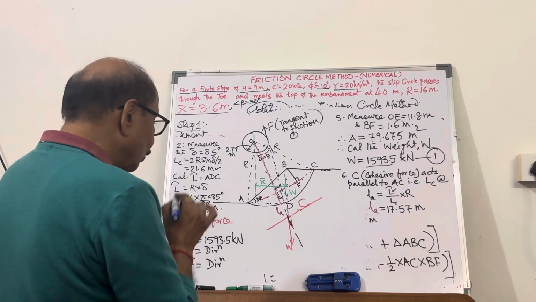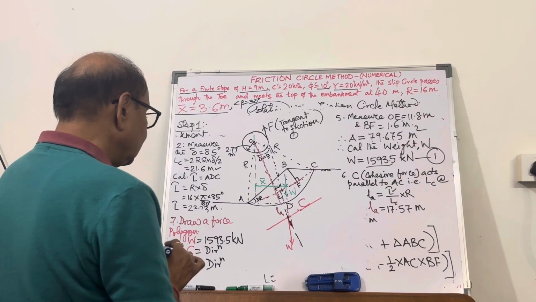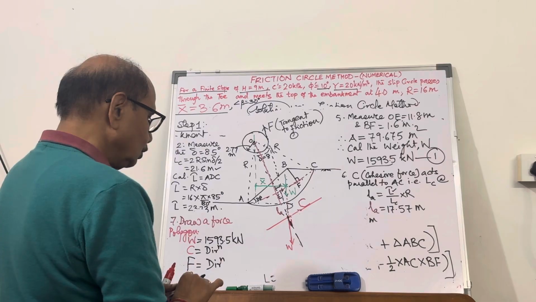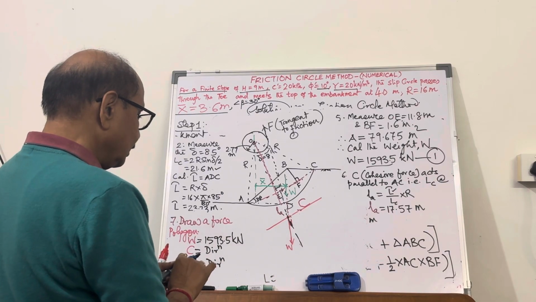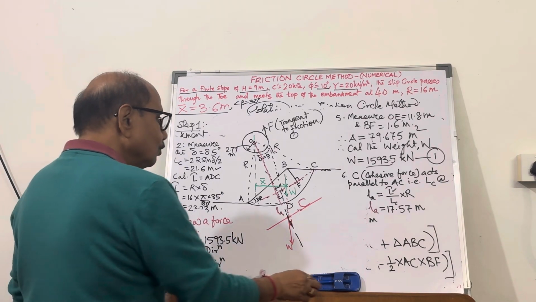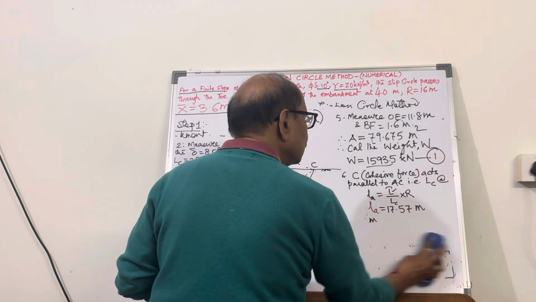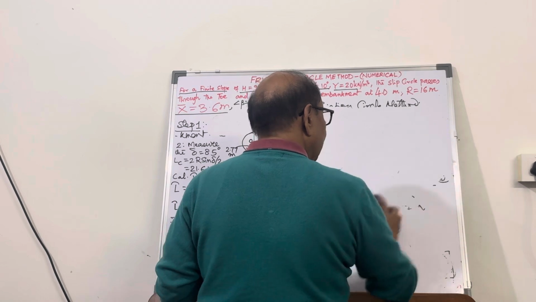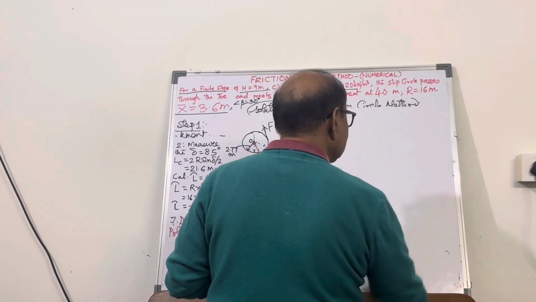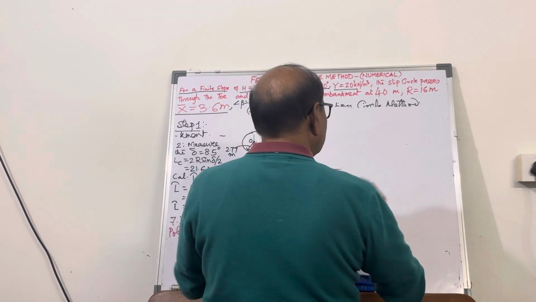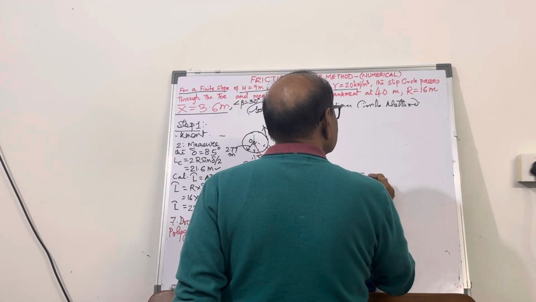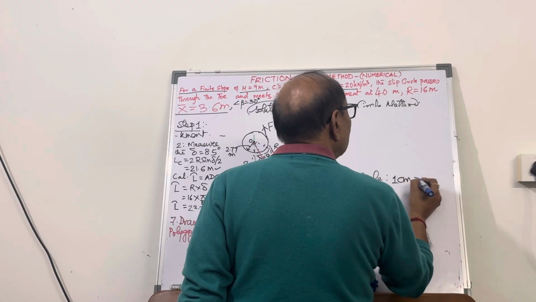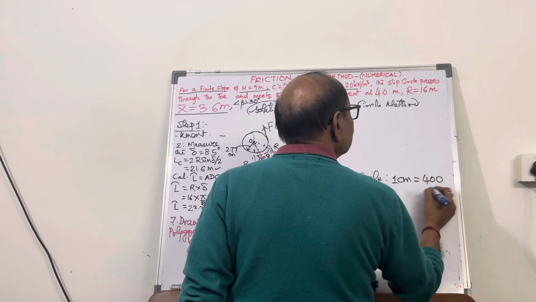So if you draw a force polygon, by knowing the magnitude of W, you can proceed. Let's say we take a scale and draw the force polygon. So if we draw a force polygon, friends, first of all, you take a scale. Say 1 centimeter equal to 400 kilonewton.